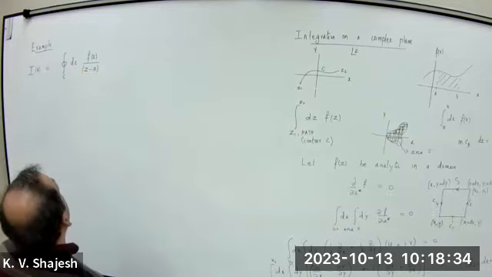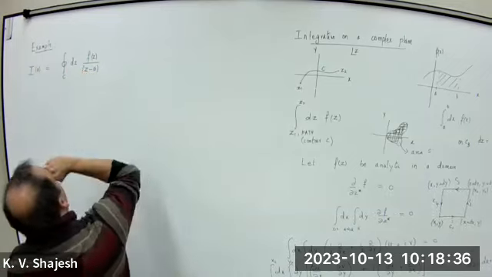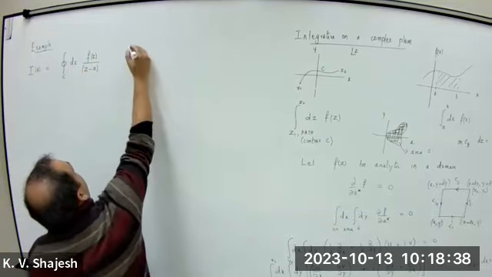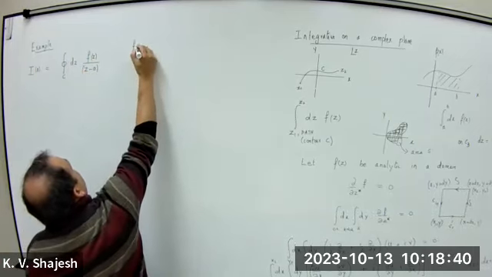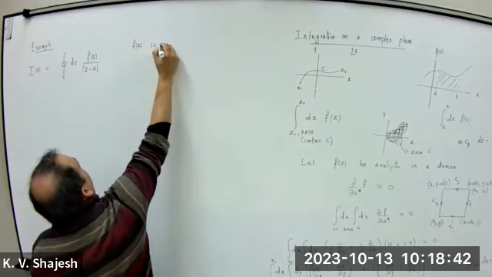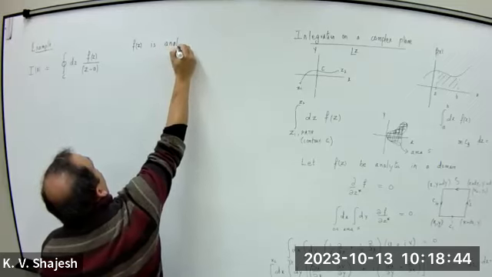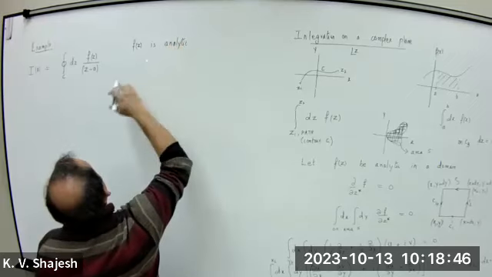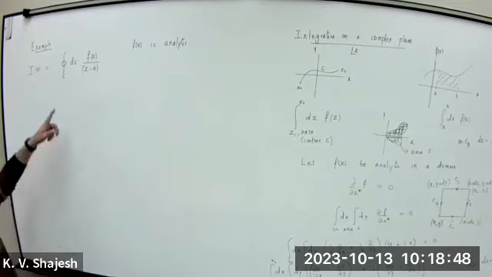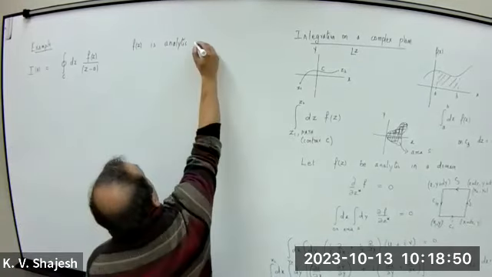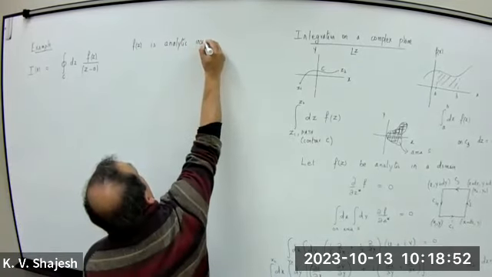So let's see what all this means. We are assuming that f of z is analytic. Analytic, I don't have to say it is analytic everywhere. It is analytic inside C, let's say.